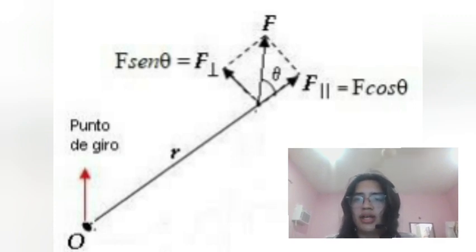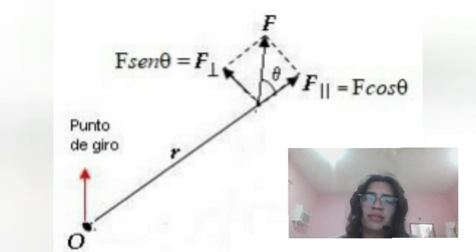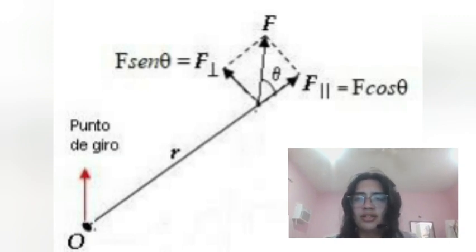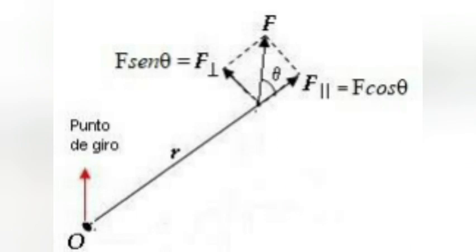As we can see, fx isn't applying like a force because it's in the same direction as the distance. But we have fy, that we can see is applying a different force at a different angle. So we are going to use F sin to resolve the system.